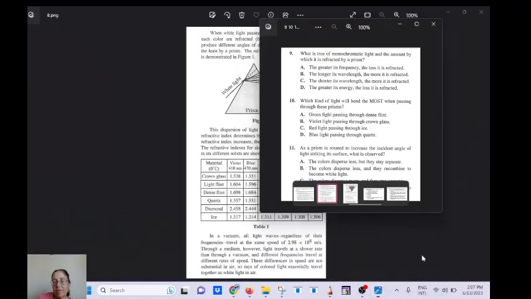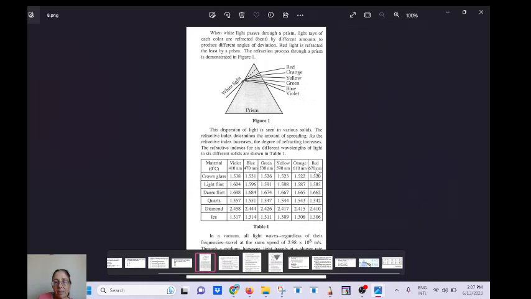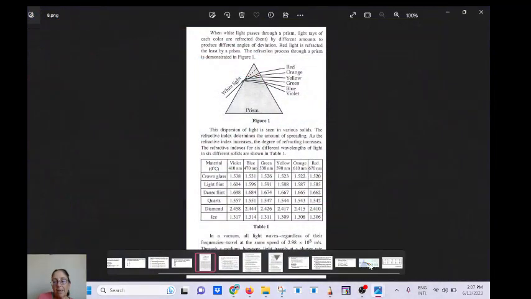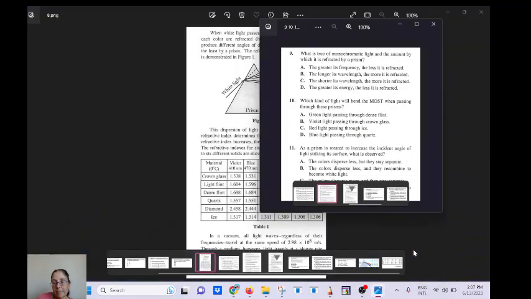And then you have red through ice. So red, forget it. Red is not very much refracted, but let's see, ice 1.306, so no. And then blue for quartz.